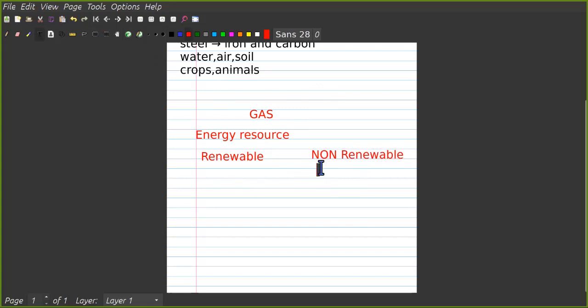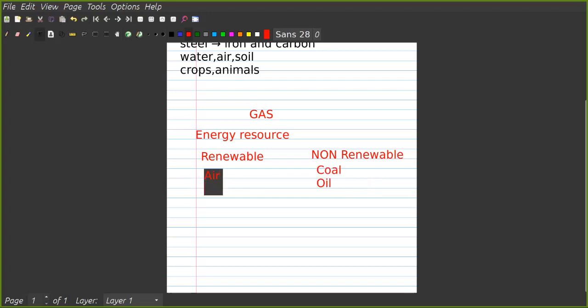When you burn coal, you can't burn it again. When you burn gasoline or just oil, you can't do it again. And they also pollute our world. And we have the renewable, which can be used again.